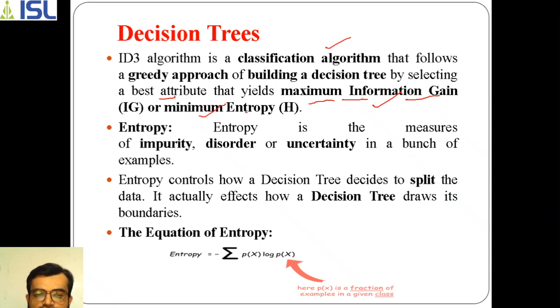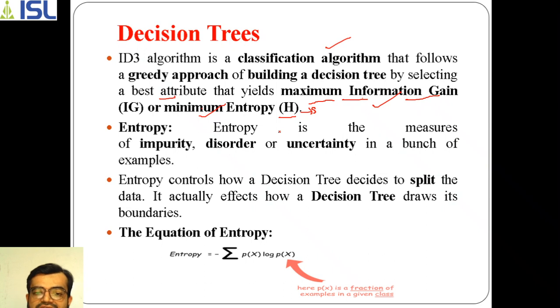Now we need to discuss entropy. Entropy can be denoted by H, or else by S as well. So what is entropy actually? Entropy is the measure of impurity. If the data set has more impurity, that is, more variety of data, then entropy is more.